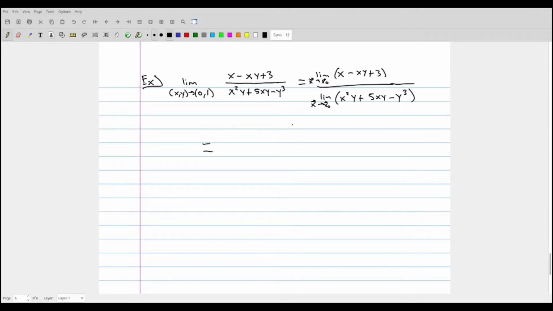And then you can use the sum limit law. I'm not going to keep writing this limit, but you do the sum limit law to get each one of these individual limits. And essentially this ends up reducing down to just plugging in the point.